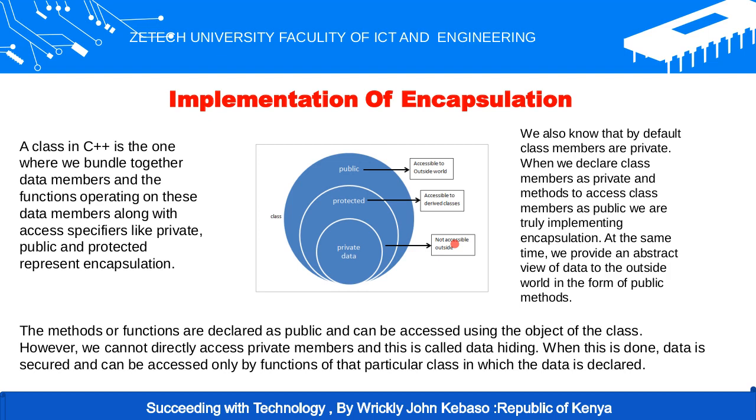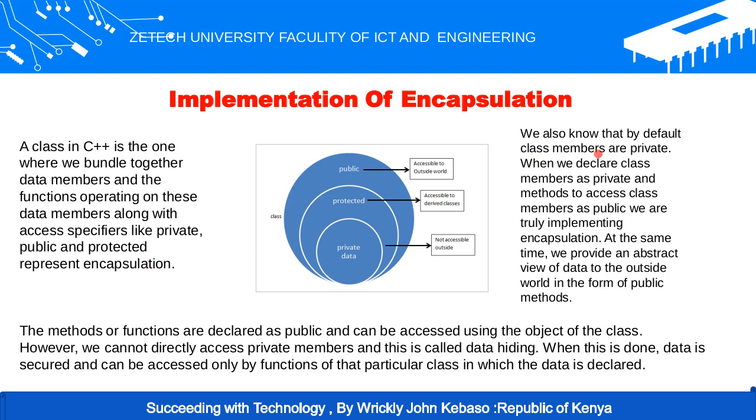All right. Another thing I would like to mention here, let me go through this after explaining. A class in C++ is the one where we bundle together data members and the functions operating on these data members, alongside access specifiers like private, public, and protected. And these represent encapsulation.